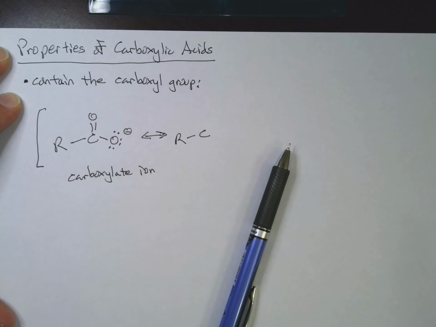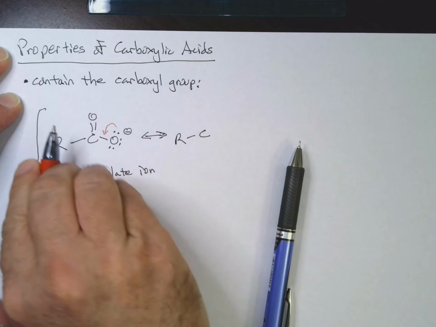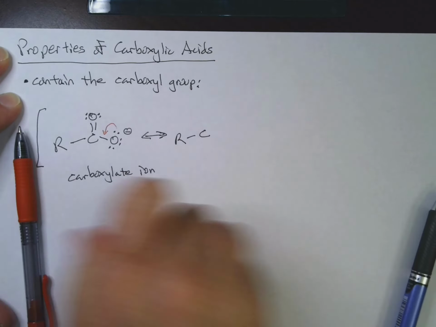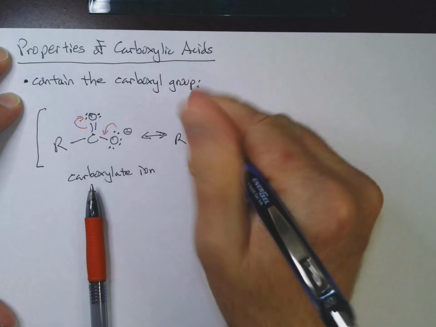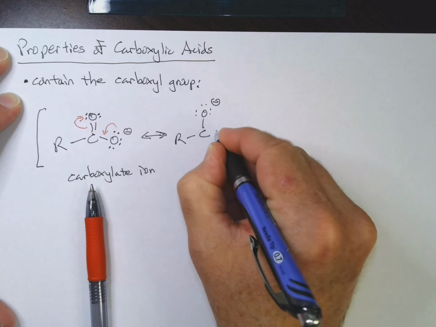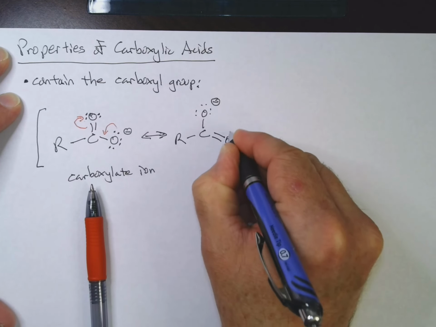And why don't I go ahead and just push some electrons here to show you. Boom. And, oh, forgot to put my lone pairs on that guy. There we go. So now I've got O, negative charge, and double bond O.